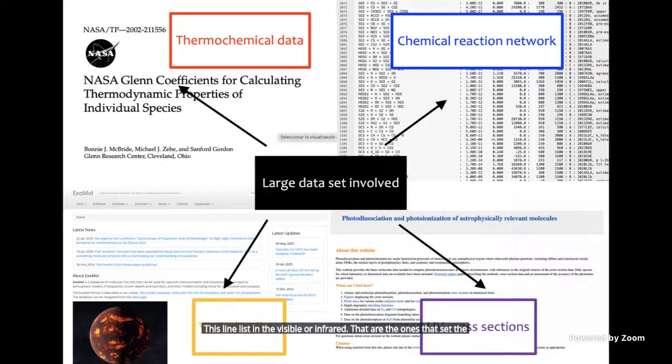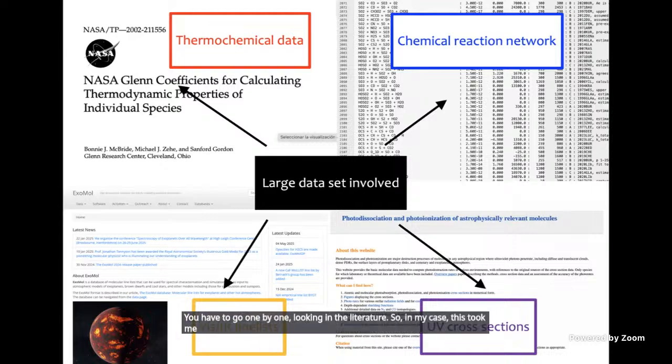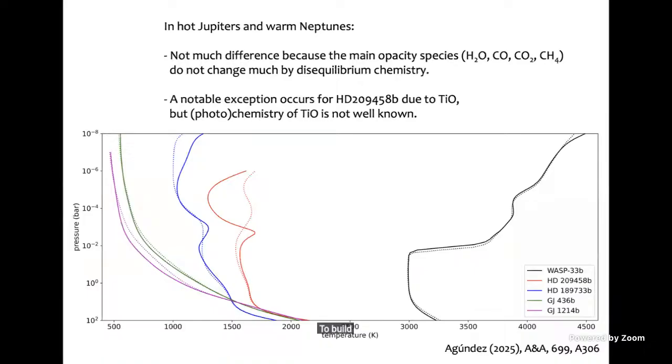So you need a lot of data. For most of it, you can take it easily from databases. For others, mostly the reactions, you have to go one by one looking in the literature. In my case, building the chemical network took quite a lot of time.